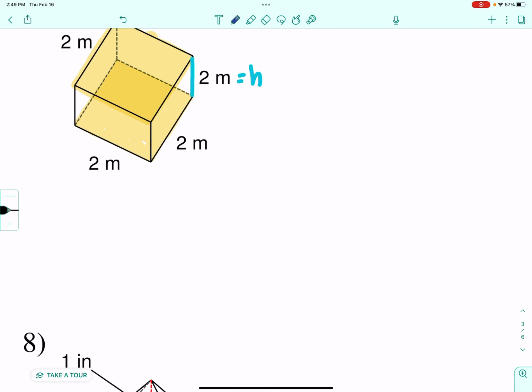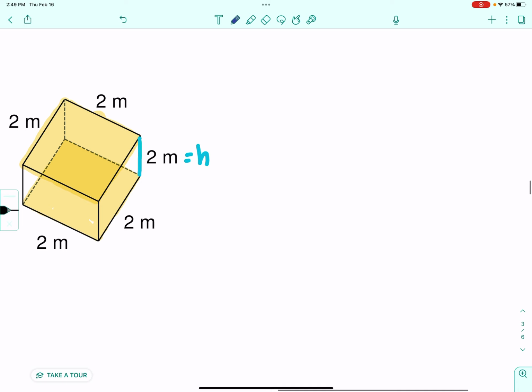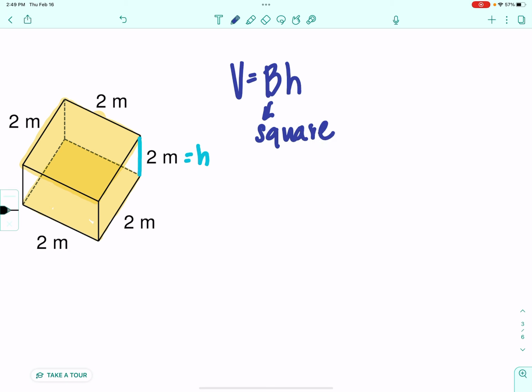So I'm going to start by writing the formula. Volume is area of the base times the height. Well, this time my base is a square. That means area is length times width.